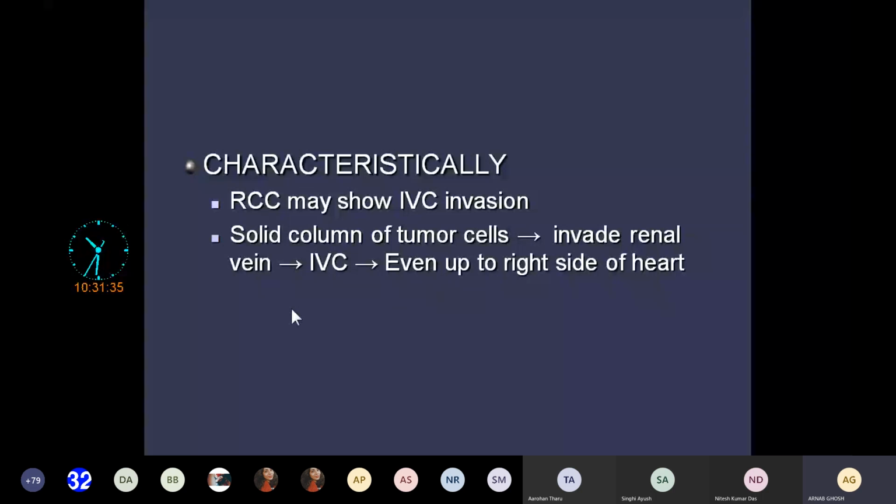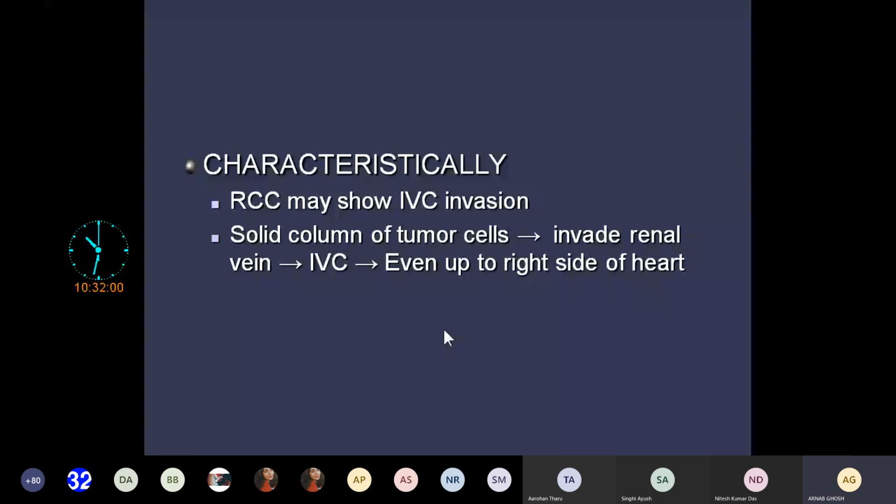It will go up to the right side of the heart. Okay, so it may form a long column invading into renal vein, then inferior vena cava, and then even up to the right side of heart. So this is quite characteristic feature of renal cell carcinoma. We don't see this kind of long invasion to distant site in any other tumor.